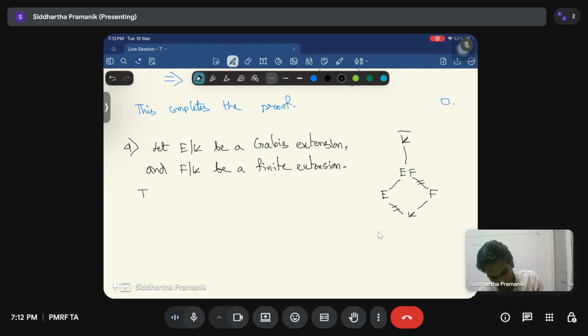Right? So then show that the Galois group of EF over F is isomorphic to the Galois group of E over E intersection F.